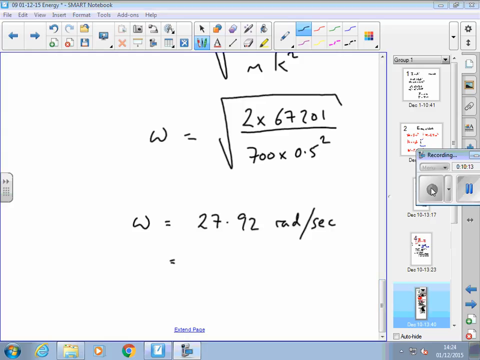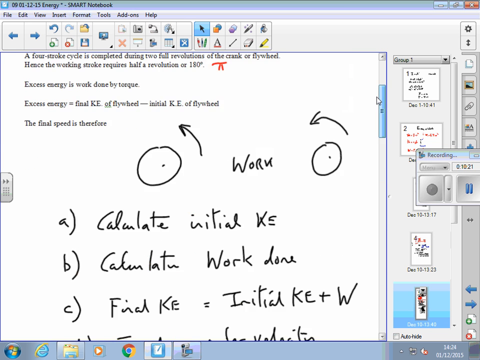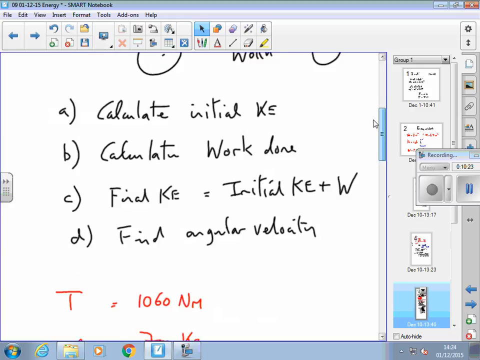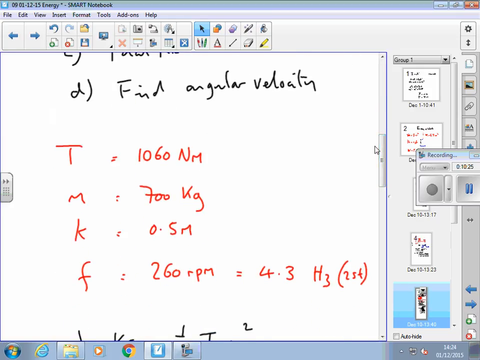So 27.92, now this value might vary, but of course once we round it, and if we look back to the original question and the information we were given and look at the accuracy that we're given here, 3 significant figures, 1 significant figure, 1 significant figure, 2 significant figures. You go by the accuracy of the least accurate number you're given, so 1, maybe 2 at a push.